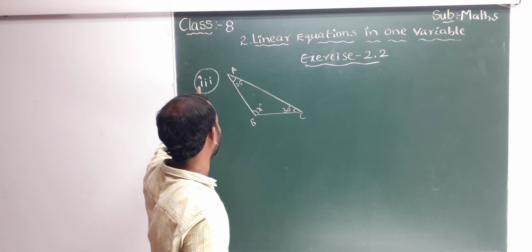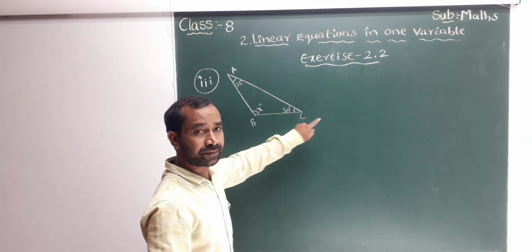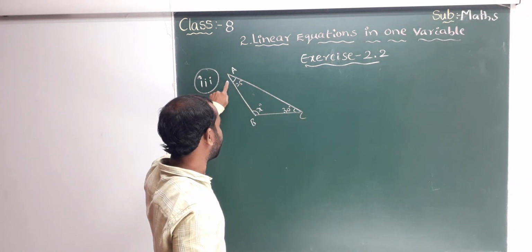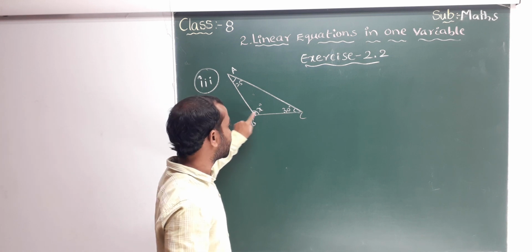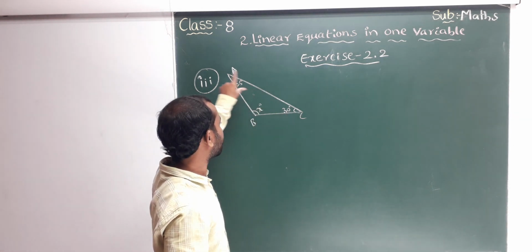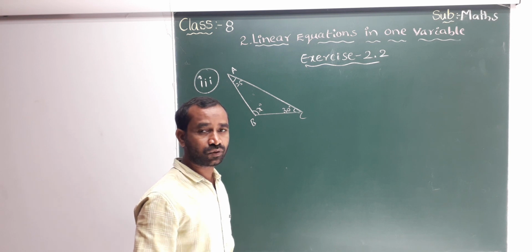Next, third problem. In a triangle ABC, angle A 25 degrees, angle B x degrees, angle C 30 degrees. The sum of three angles equals 180 degrees.